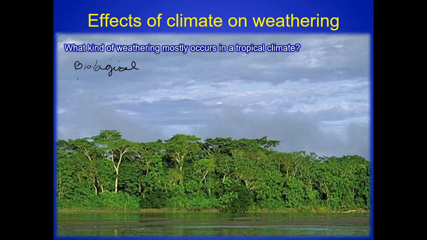Biological weathering. You have all of the different types of hydrolysis, everything associated with water, because there's a lot of water in these sorts of environments. So you have carbonation, and oxidation.